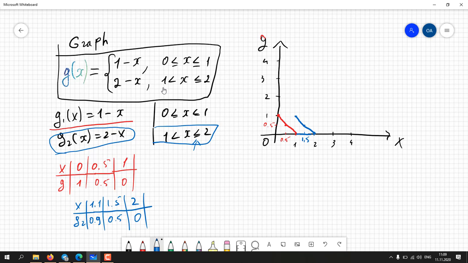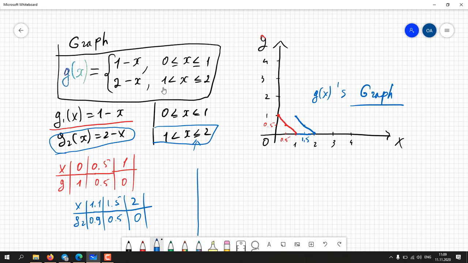This is the second part. So this is the graph of our given function g of x. So this is one way to graph this.